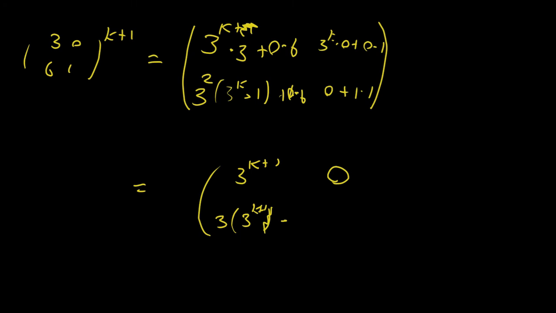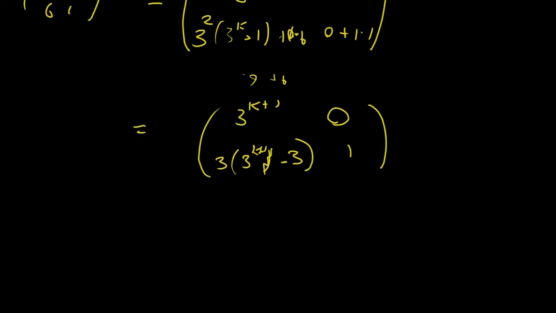I would like this to be a minus 3, and it will be, because currently it was a minus 9, right? The 3 squared times 3 to the k minus 1 is minus 9. But then I added a 6, and it got back to what I wanted. Okay, so that's good. And then, of course, this is 1. So we just write a little inductive step: n equals k implies n equals k plus 1.